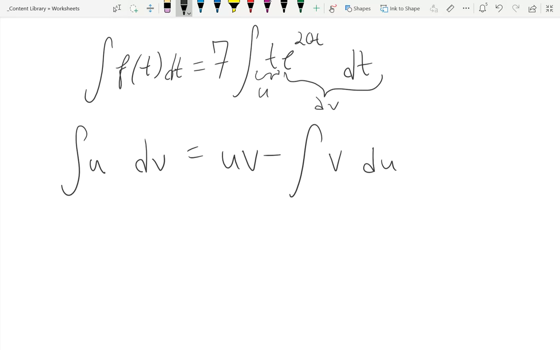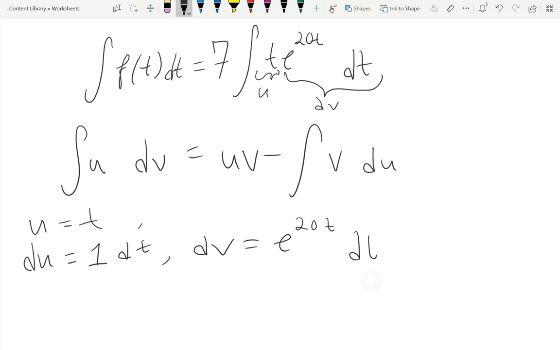For instance, u equals t, and du is the derivative of t, which is 1, so du equals dt. And dv is what we have right here, so dv equals e^(20t) dt.